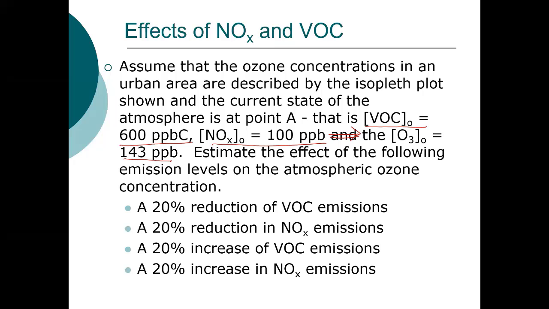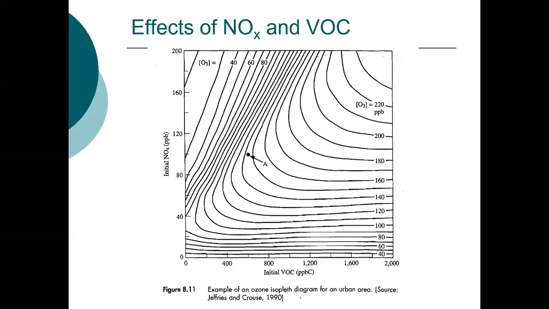What we want to do is estimate the impact of reducing VOC emissions or reducing NOx emissions on ozone levels, or what happens if we increase those emissions. So we're going to use this ozone isopleth plot. Now, this is from a specific model, under specific temperature and solar radiation, or insolation.